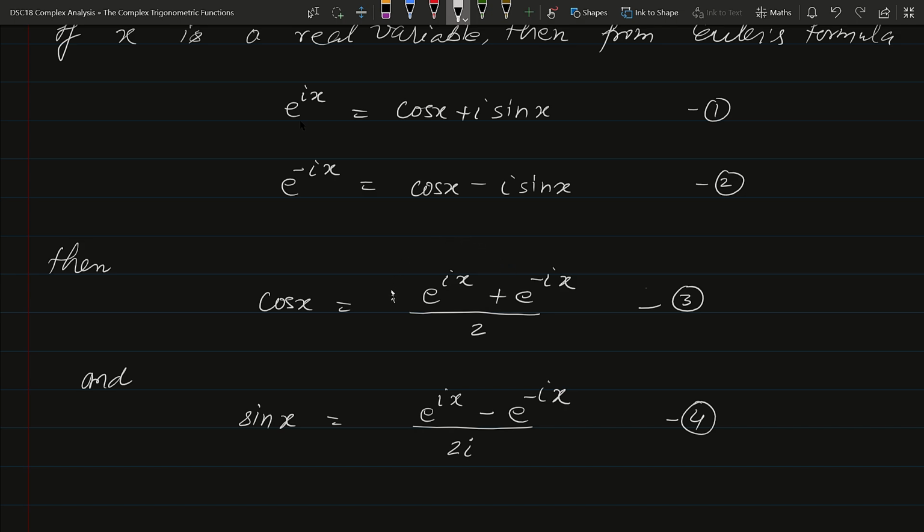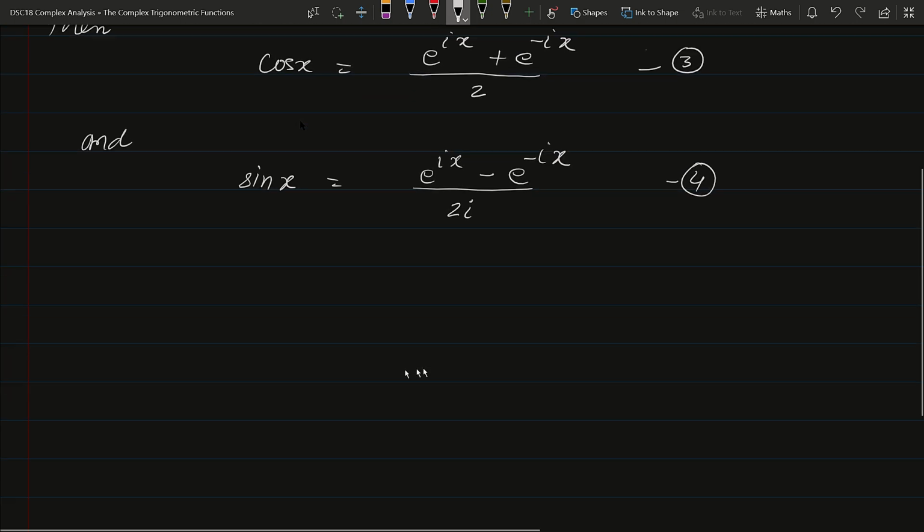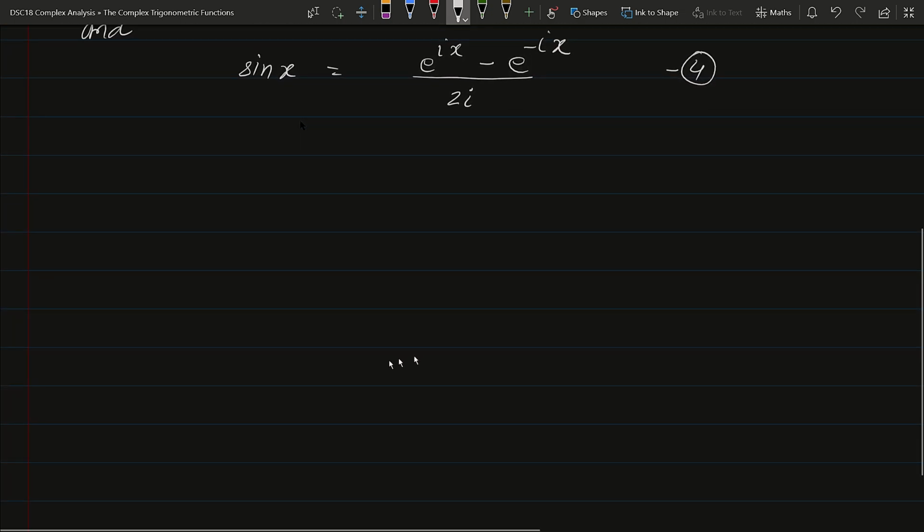So by the presence of this complex exponential function in these two equations, third and fourth, we can define the cos and sine functions for the complex variable in a similar manner. This will provide us the definition of sine and cos functions for the complex variable, and let me write that definition. We will just replace this x.